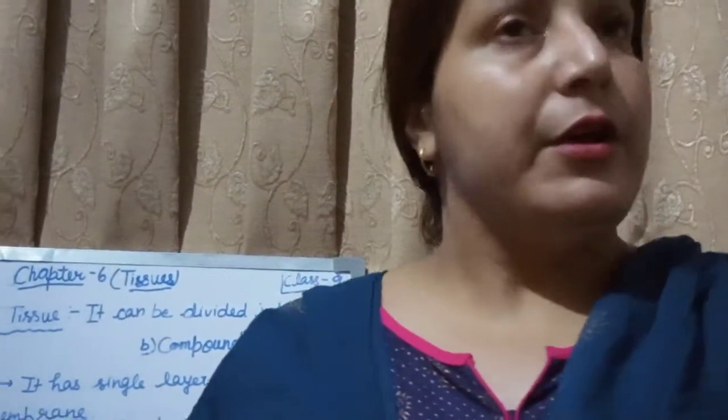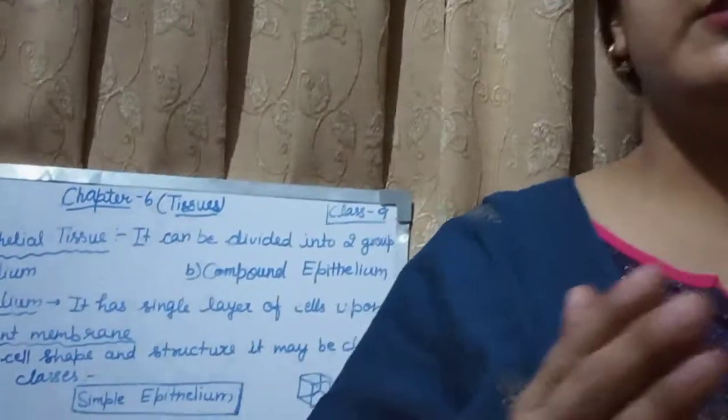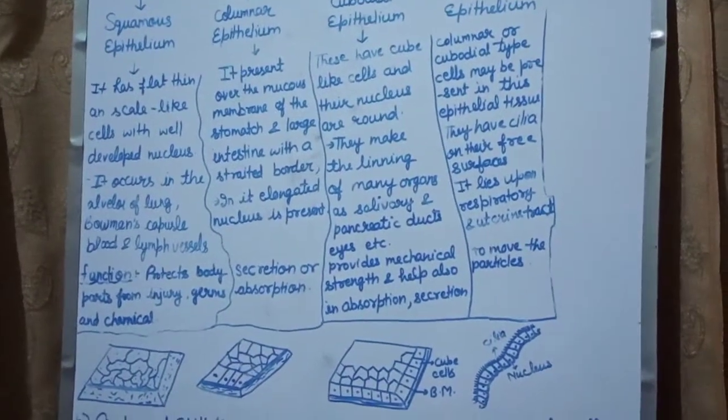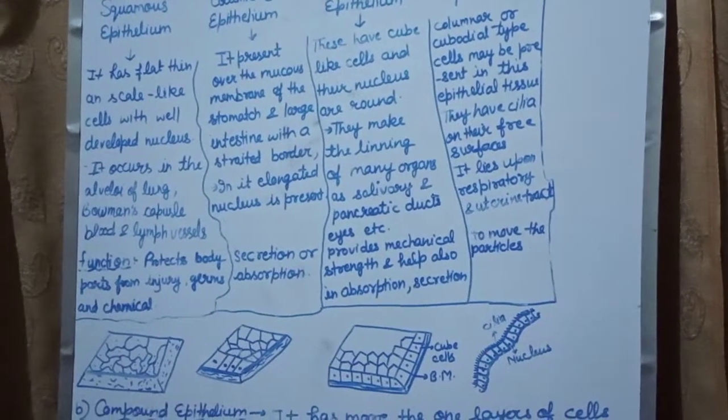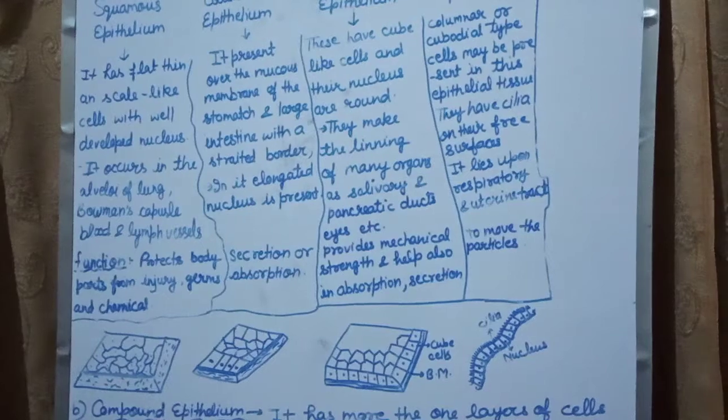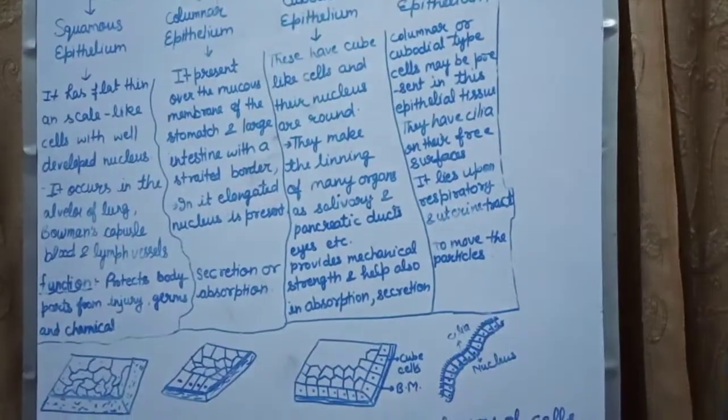Due to these cilia they help in absorption processes, and are found in the small intestine and large intestine. It lies upon the respiratory and urinary tract and also in some parts of the digestive system. They help in the movement or passage of particles.